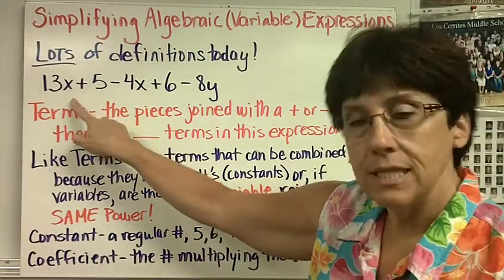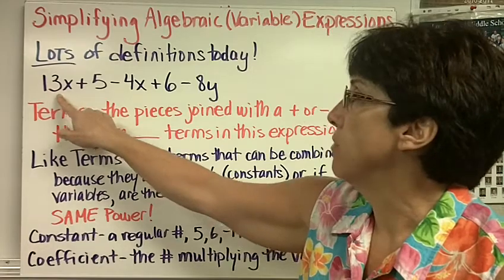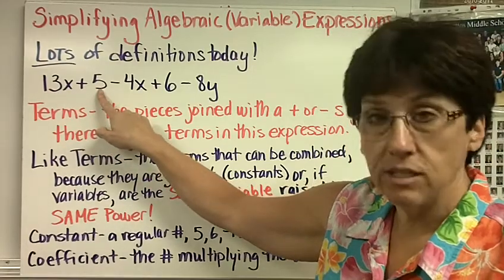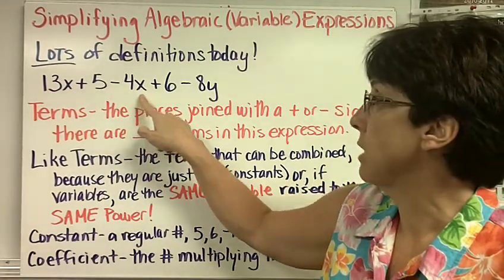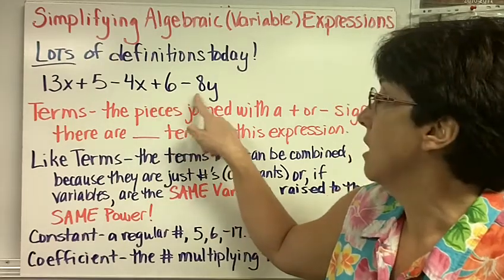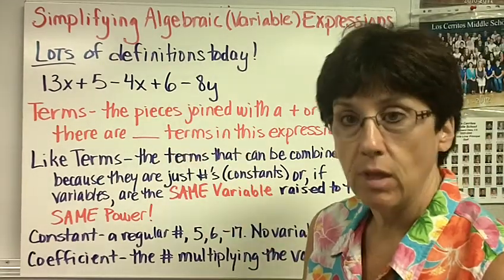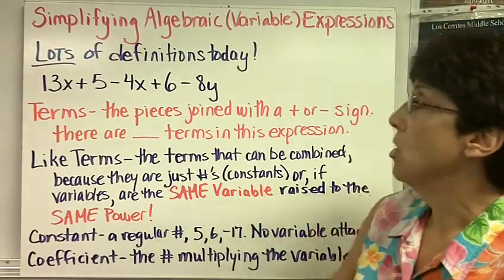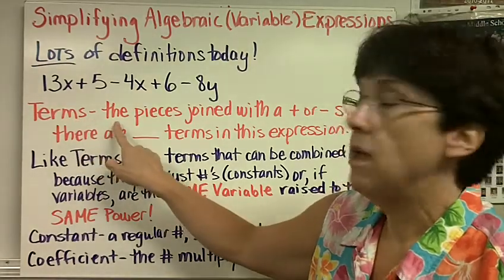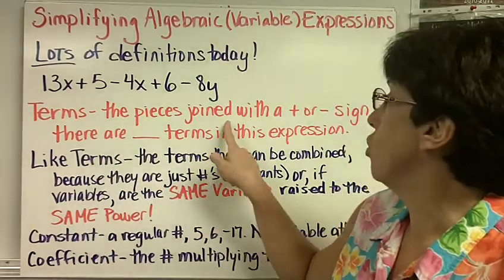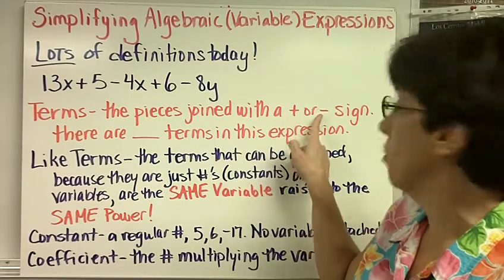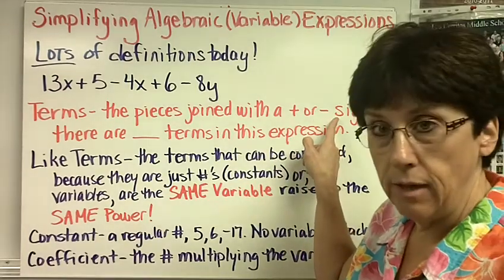All right, let's say we have the expression 13x plus 5 minus 4x plus 6 minus 8y. First definition, terms. They are the pieces joined with a plus or minus sign, okay?